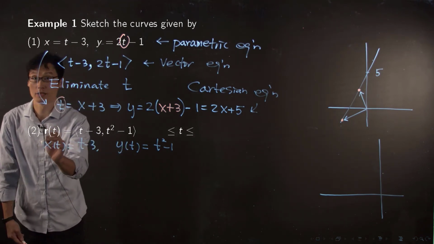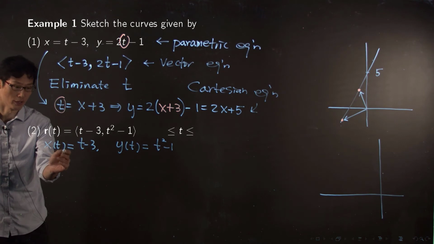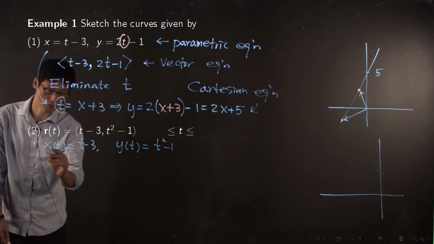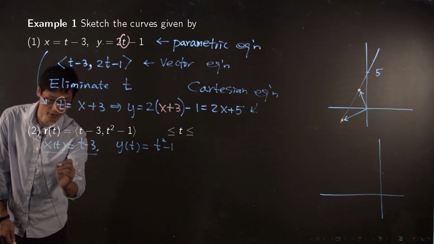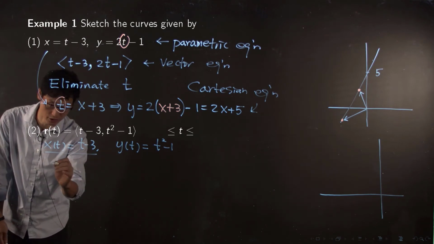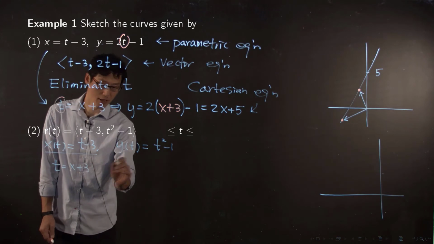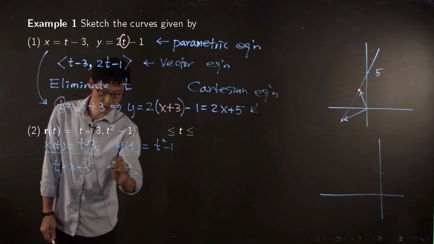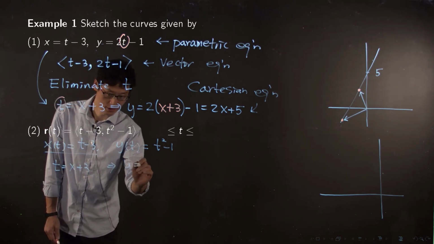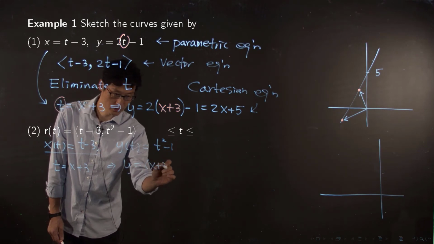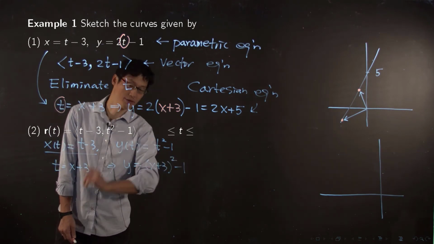If you eliminate t, then you will get a Cartesian equation. If you solve this for t, t is x plus 3. If you plug that back into this y, we have (x plus 3) squared minus 1.